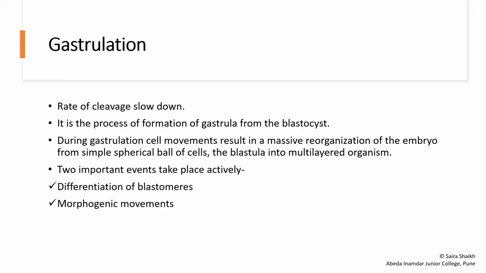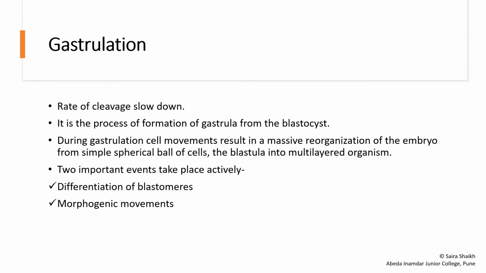After the implantation, the next stage of embryonic development begins. It is gastrulation. In the gastrulation phase, the rate of cleavage slows down. In this process, the gastrula is formed from the blastocyst.